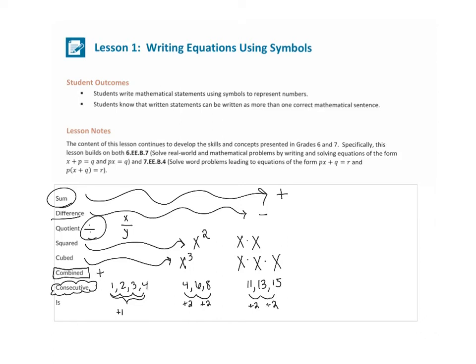And then, not lastly, because I want to add one more on here: when we see the word is, that means equals, okay? So if I say the sum of 2 and 2 is, basically that means the sum of 2 and 2 equals 4, okay? And then the last one I want to make sure I remember to point out is product. Product means multiplication.